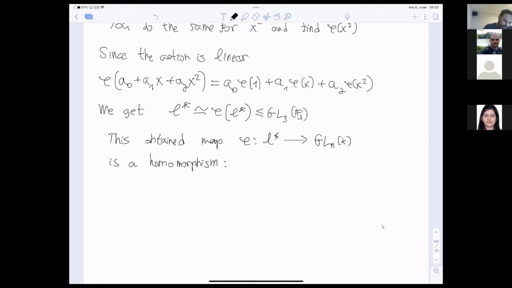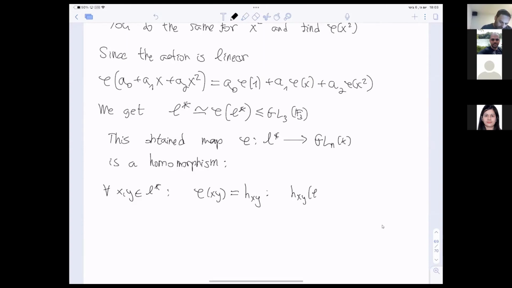Because if you take two elements x and y in L star, then phi of xy will be actually the automorphism that multiplies by xy.